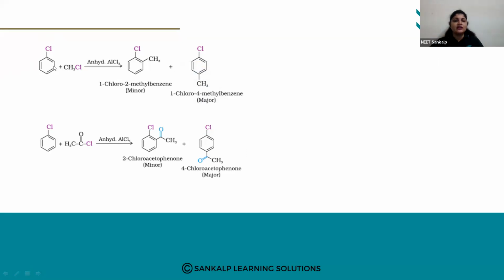If you take chlorobenzene, this is Friedel-Crafts alkylation, and the second one is Friedel-Crafts acylation. These are the two major and minor products. The Friedel-Crafts reaction takes place in the presence of anhydrous AlCl3.